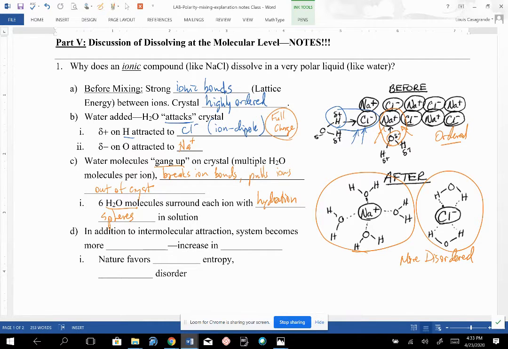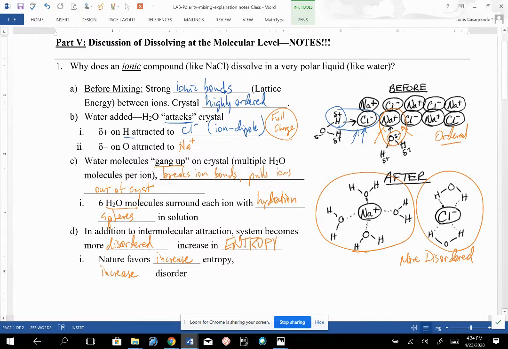And so this becomes more disordered, which in science we call an increase in entropy. So entropy is a reason, in addition to energy changes, why processes happen. And nature favors an increase in entropy and an increase in disorder.